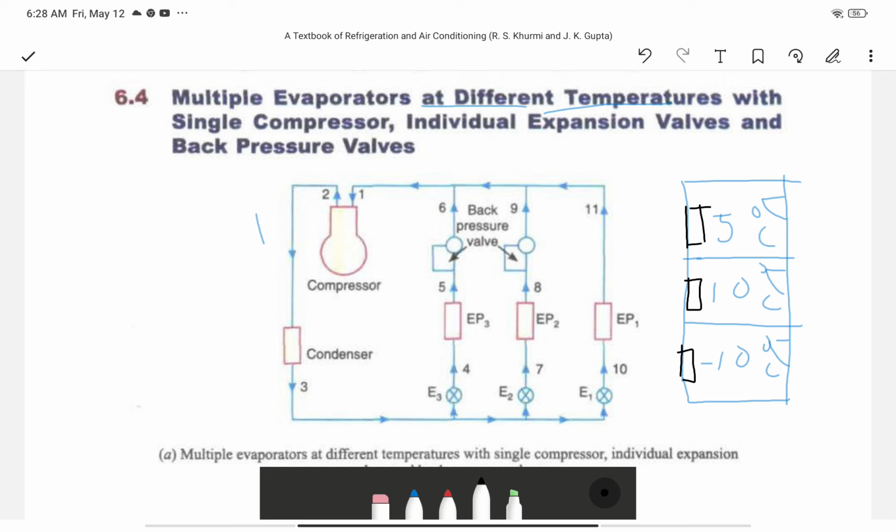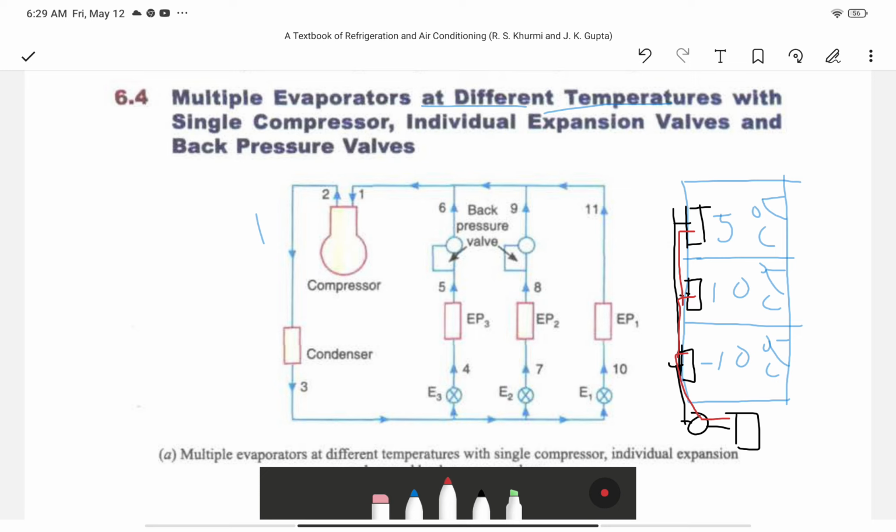Of course it is connected with the piping, and it goes to the compressor, then the condenser, and then goes back there. And then of course you have your individual expansion valves.